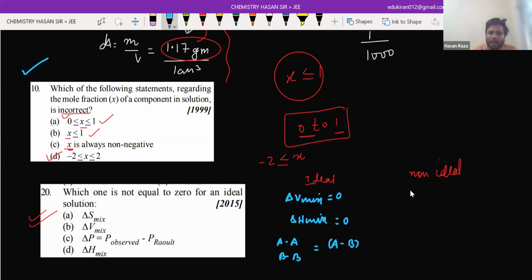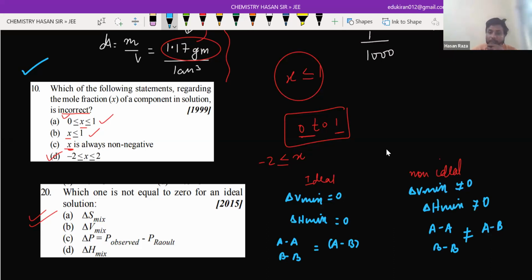When you come to non-ideal, delta V mix is not equal to 0, delta H mix is not equal to 0, and the force of interaction between separate particles will not be equal to that of the solution particles.